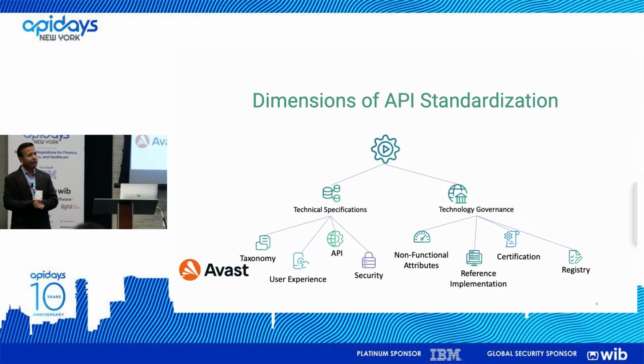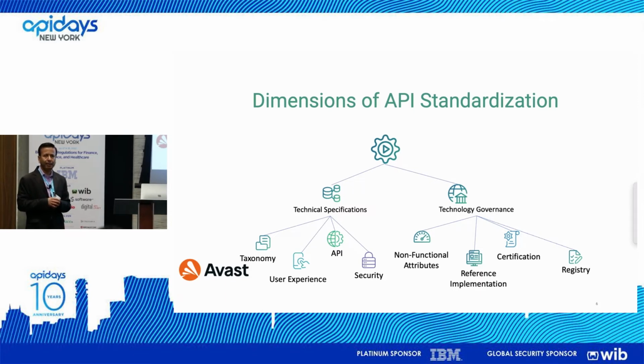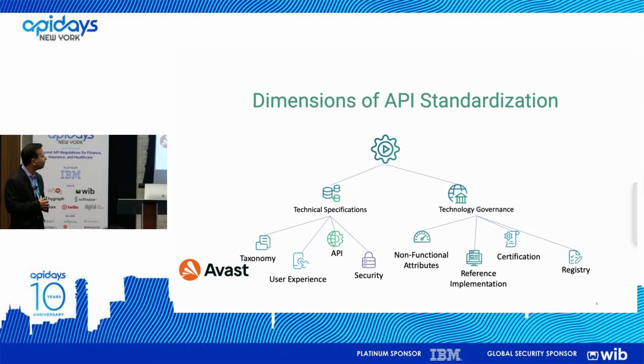Well, then drilling in a little more into the aspects of standardization, it's easy to grasp the standardization on the left, which is tech spec, and I'll talk about that. However, there's the governance piece, and I heard a little more about the governance piece within the corporate boundaries, but there's also a governance piece around APIs within ecosystems as well. The technical specifications start off with taxonomy.